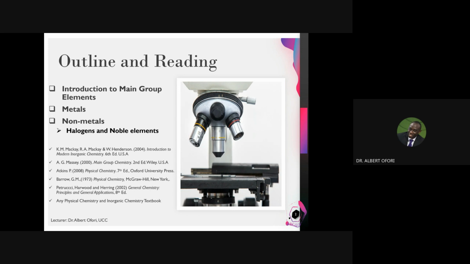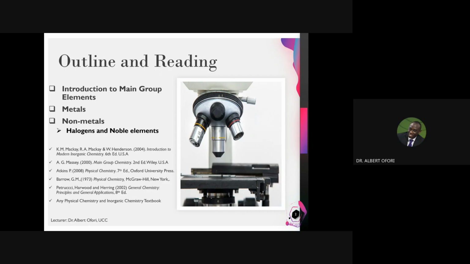Then later we can talk of dividing the main group elements into metals and non-metals. And if you're treating non-metals, we'll look at the metalloids as part of that. So we can have 3 main categories: metals, semi-metals or metalloids, and the non-metals. And that is what we're going to be looking at.